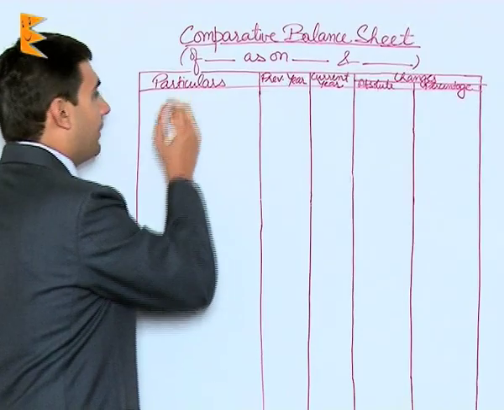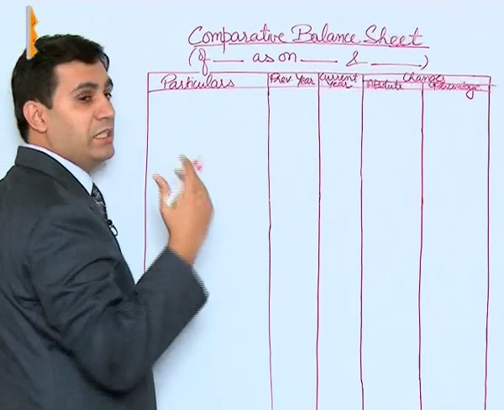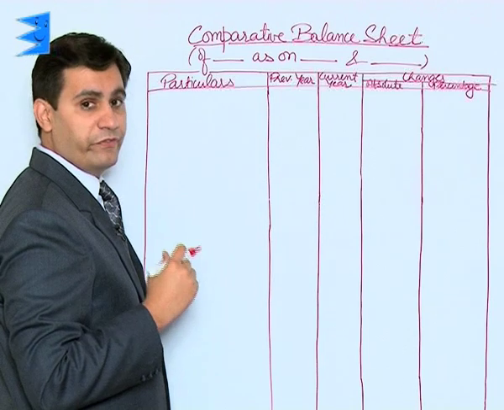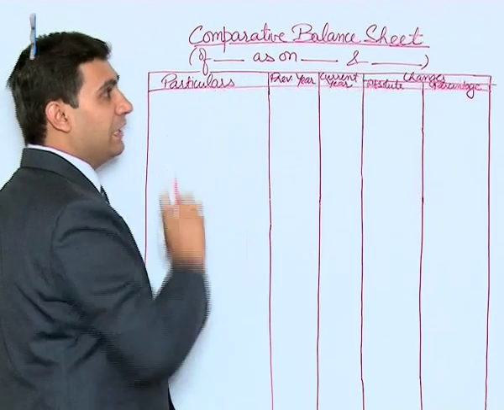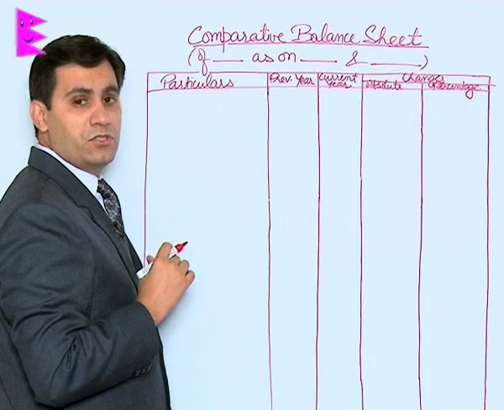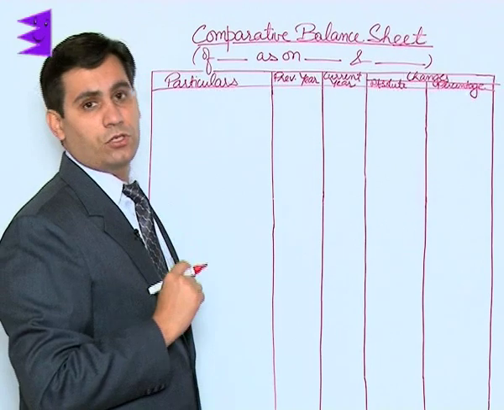Now students, coming to particulars first, we will have the balance sheet division on the basis of sources and application of funds. Remember, in case of comparative balance sheets, we are supposed to prepare the balance sheet on the basis of sources of funds and application of funds.